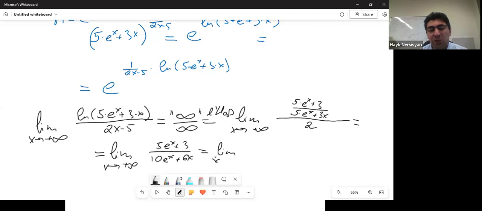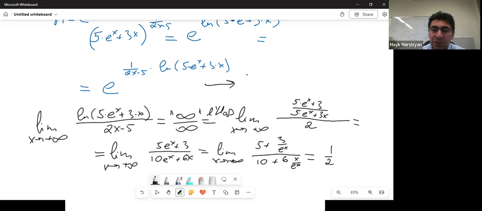You can divide numerator and denominator by exponential x, and immediately we get 5 plus 3 over exponential x divided by 10 plus 6x over exponential x. As x goes to plus infinity, 3 over exponential x goes to 0, and x over exponential x goes to 0. It remains 1/2. So going back, we can say the limit is e to the power of 1/2.